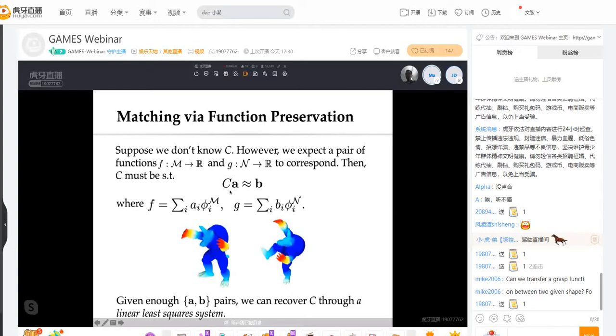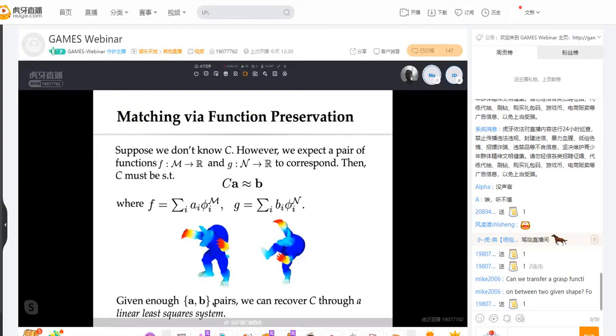And now we say, okay, we don't know what the C is, but we know that C times this coefficient vector A should be approximately equal to the coefficient vector B, right, which we can pre-compute. And once you do that, it's very easy to see that if you have enough such pairs of functions, you can recover C just by solving a linear least squares system.